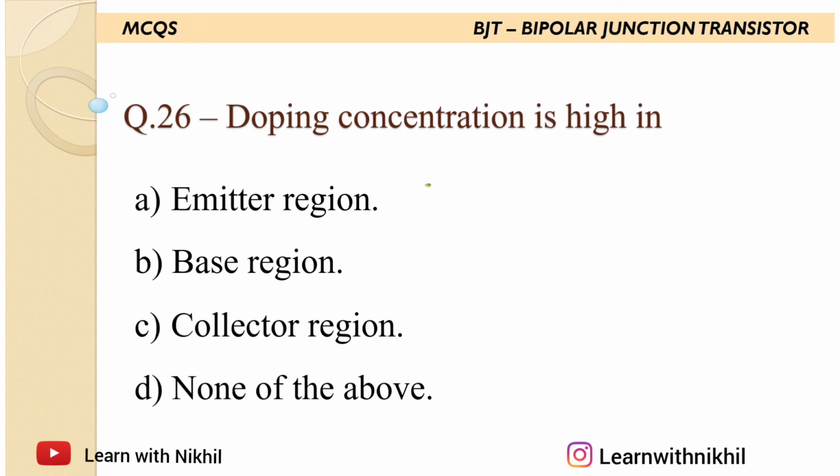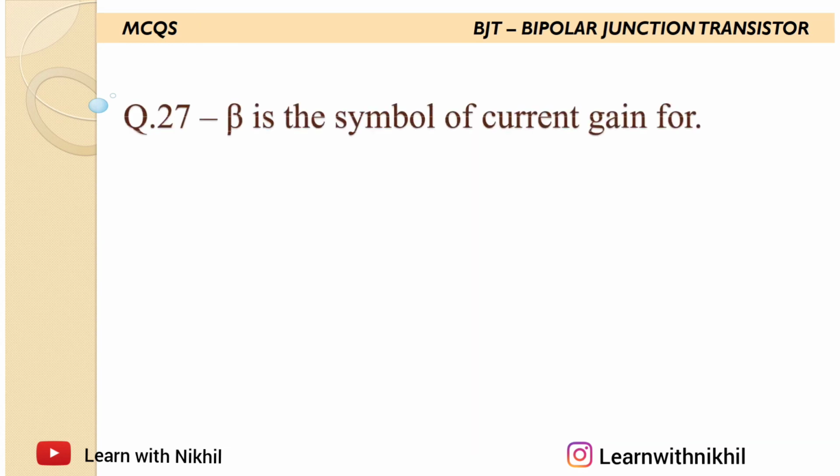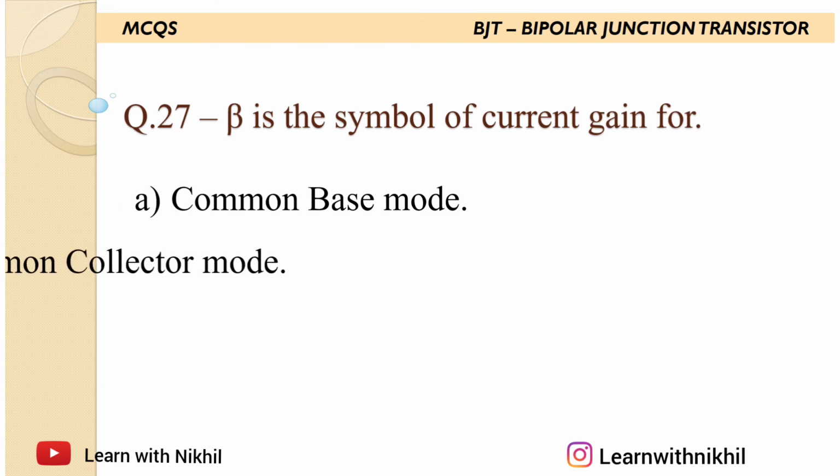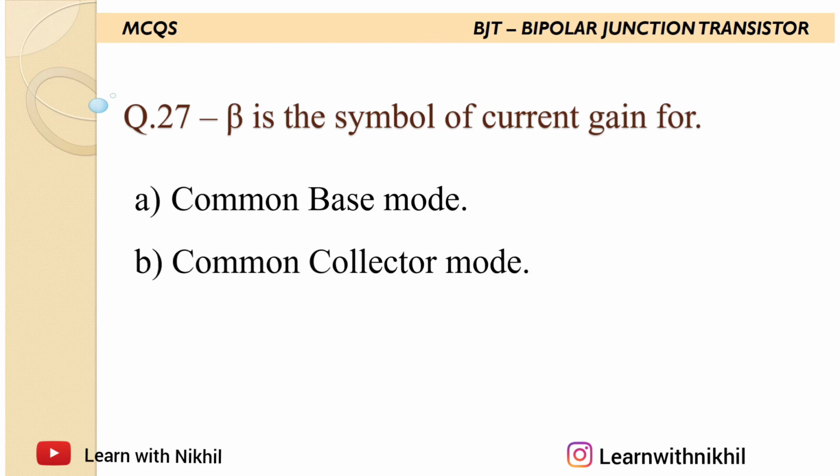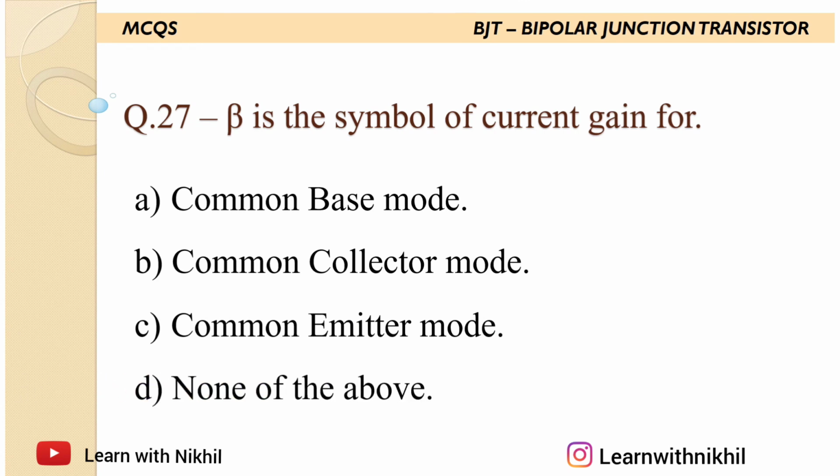And the answer is emitter region. Next question. Beta is the symbol of current gain for common base mode, common collector mode, common emitter mode, or D, none of the above. And the answer is common emitter mode.